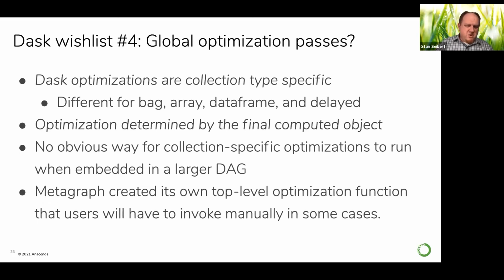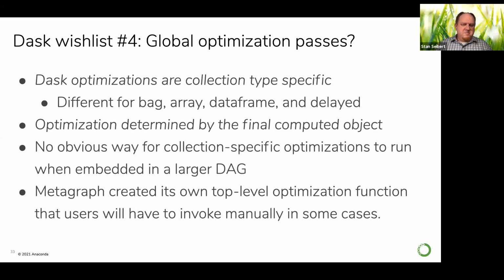But the problem is which ones are used is determined by the final computed object. So if I have a whole task graph that I start with an array, go into a data frame, and maybe end in a Dask delayed function, and then I compute that final thing, the only optimizations that are run are the ones that are registered for delayed, not for data frame or array or anything previous to that. And it's not clear how to register global optimizations you want to apply to every task graph.